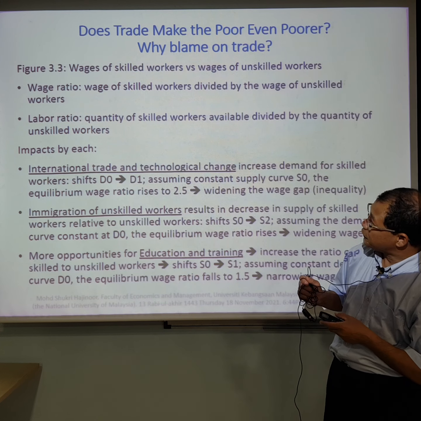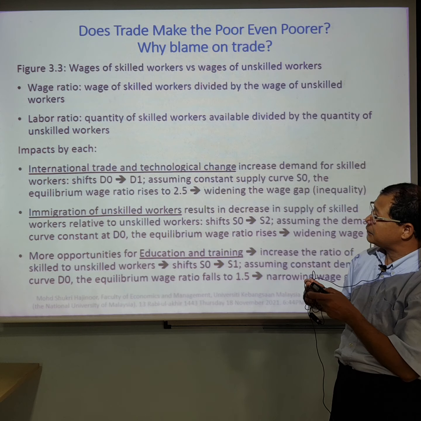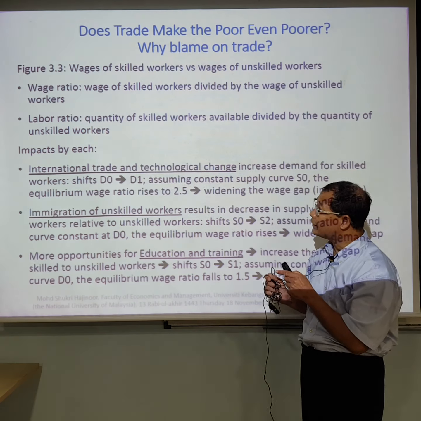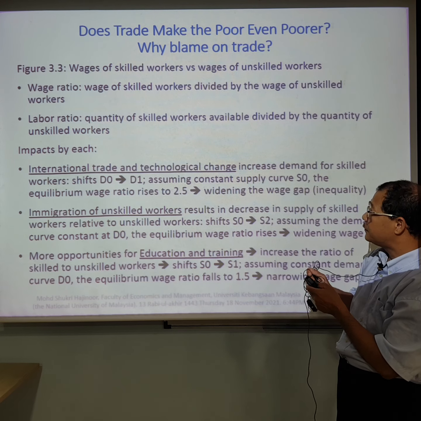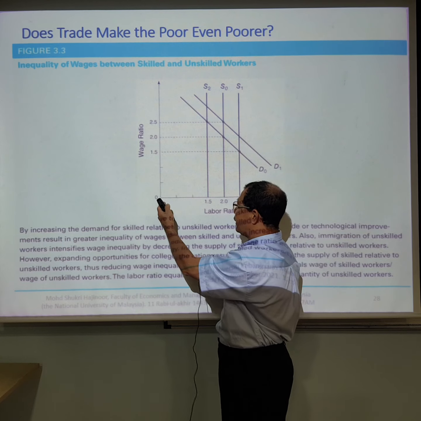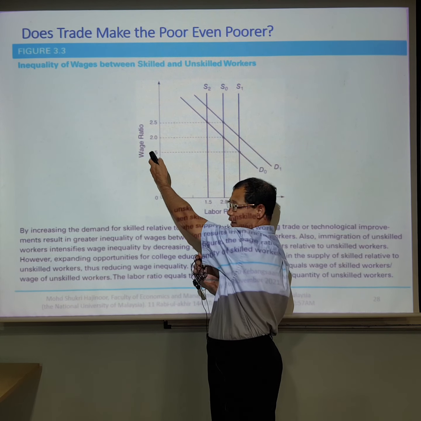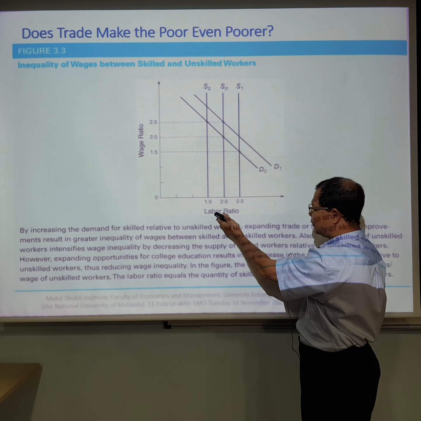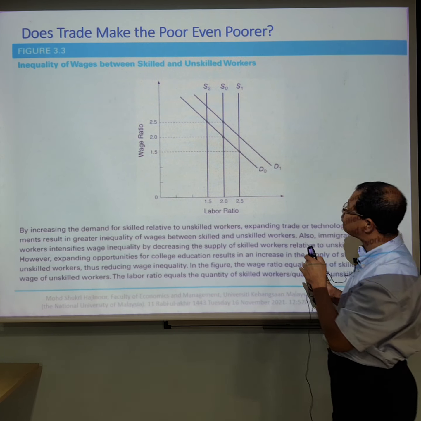So Figure 3.3, as mentioned earlier, shows wages of skilled workers versus wages of unskilled workers. In this figure, vertically we have the wage ratio, and horizontally we have the labor ratio.